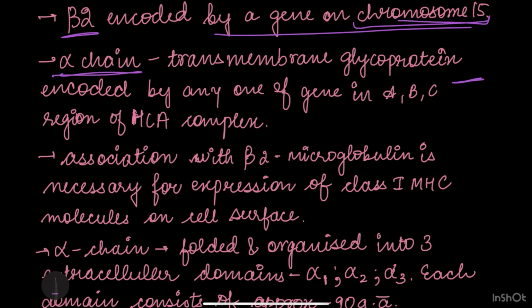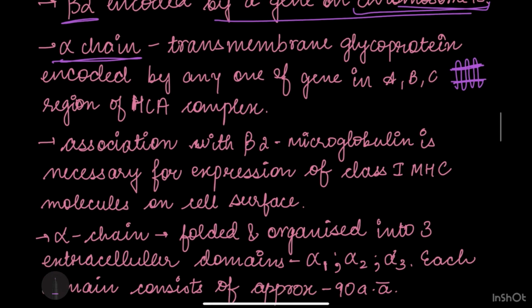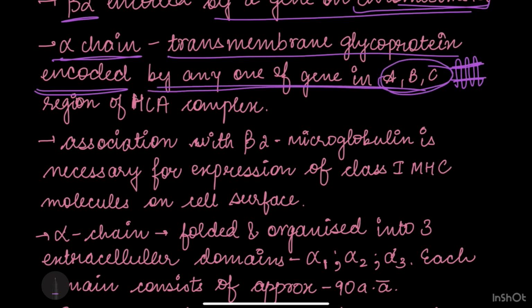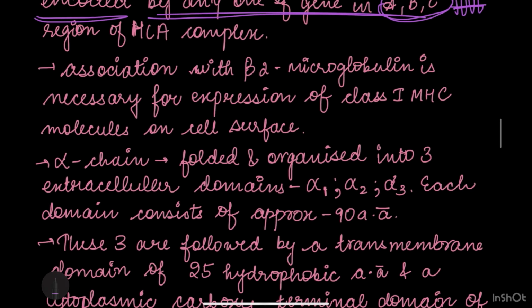A protein which travels or passes repeatedly through the membrane of a particular organelle or a structure. Alpha chain is a transmembrane glycoprotein encoded by any one of the genes in A, B, C. ABC is part of the MHC1 complex, I told you, of the HLA complex.